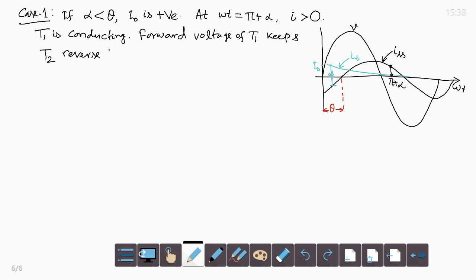Obviously, you can see, because T1 is conducting, it has a forward voltage drop, which is the reverse voltage across the T2. So, it keeps T2 reverse biased.